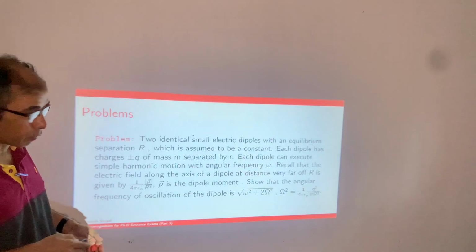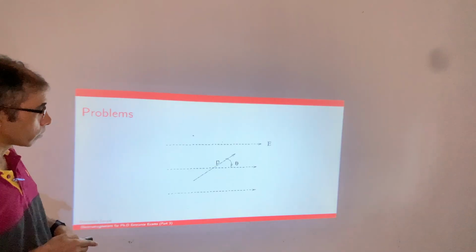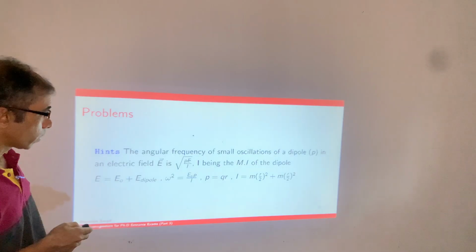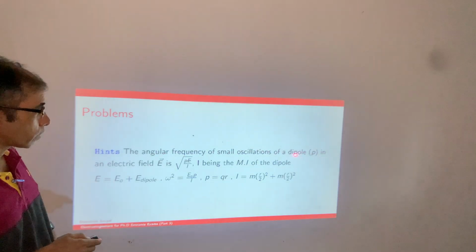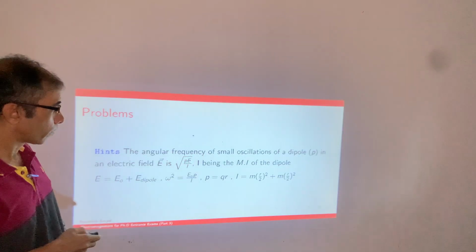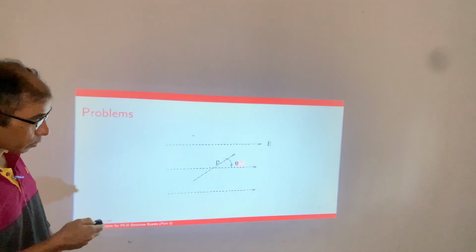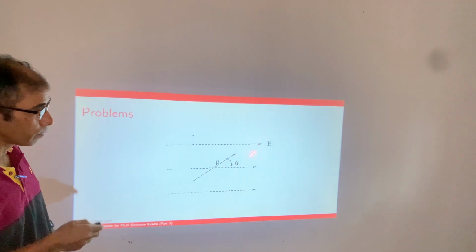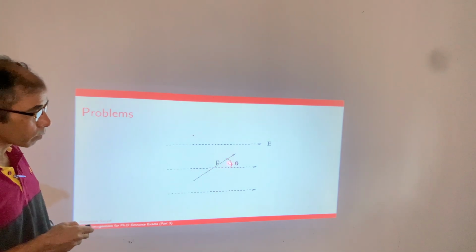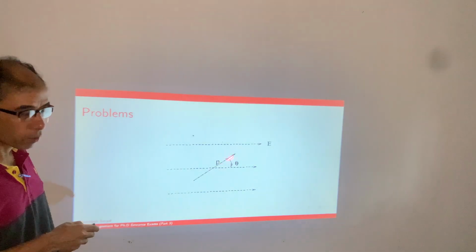This is the natural frequency, and it can easily be found out. This is the angular frequency of small oscillation of a dipole p in an electric field E, given by the square root of pE by I. This is a simple problem. If there is an electric field E and you rotate the dipole by a small angle theta, what is the torque acting on it?